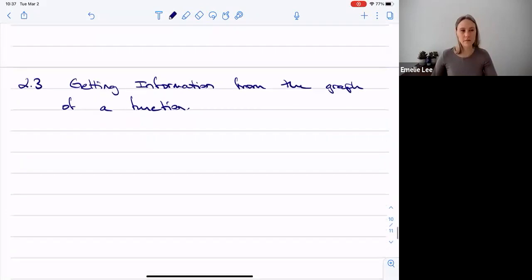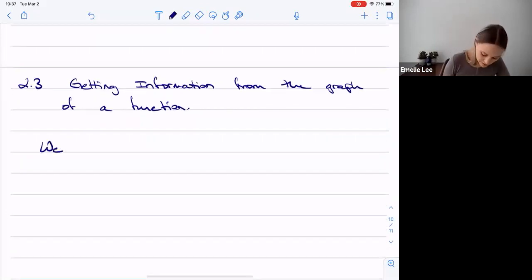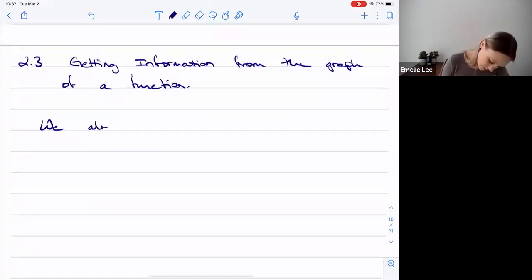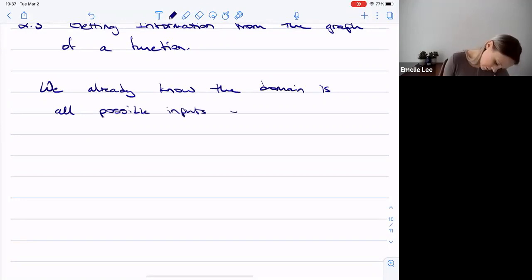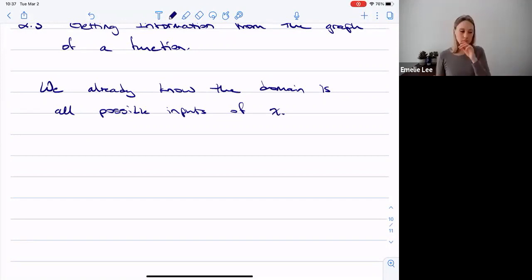Okay. So we already said that the domain is all possible inputs of x.